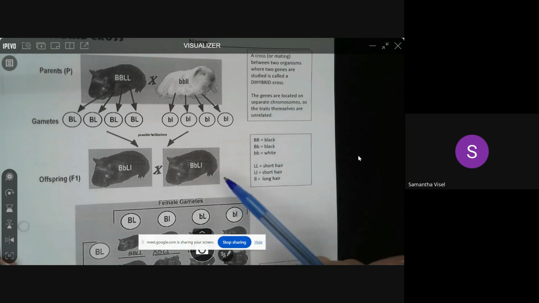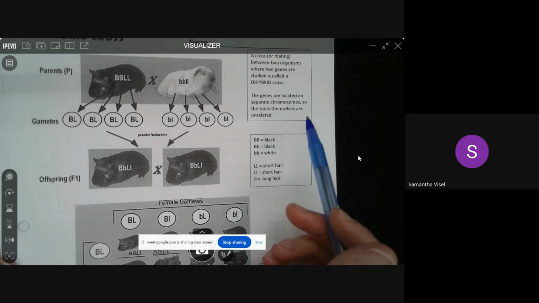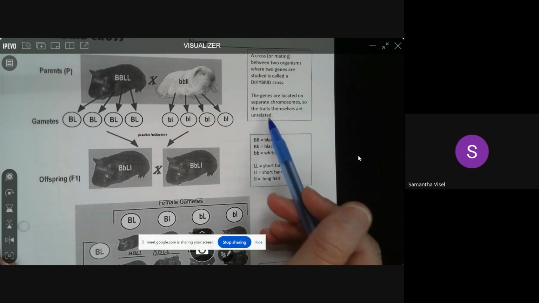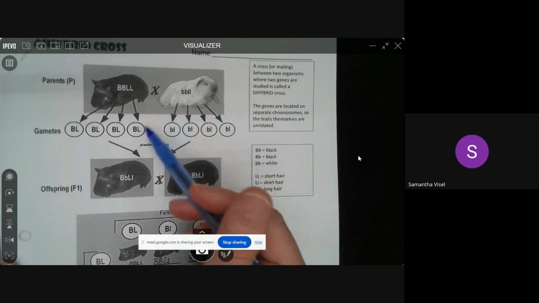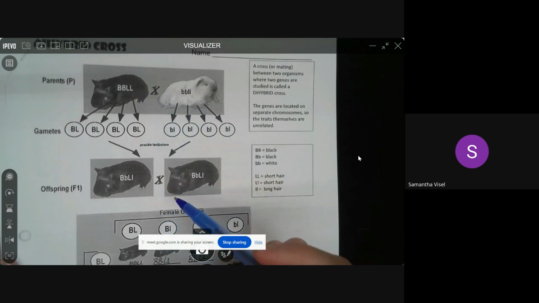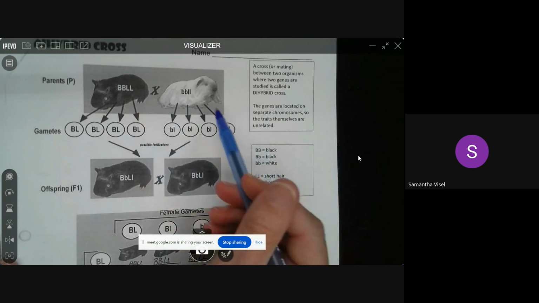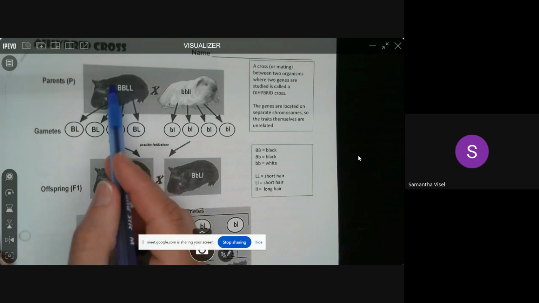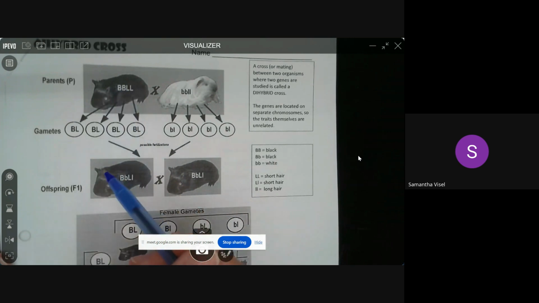So we know genes are located on separate chromosomes, and each trait is inherited separately. So these traits are not related to each other. So your worksheet looked at guinea pig color and guinea pig hair length. And what these laws say is that because these traits are on separate chromosomes and because they separate during the making of the gametes, a guinea pig that is black will not influence whether it will have short or long hair.